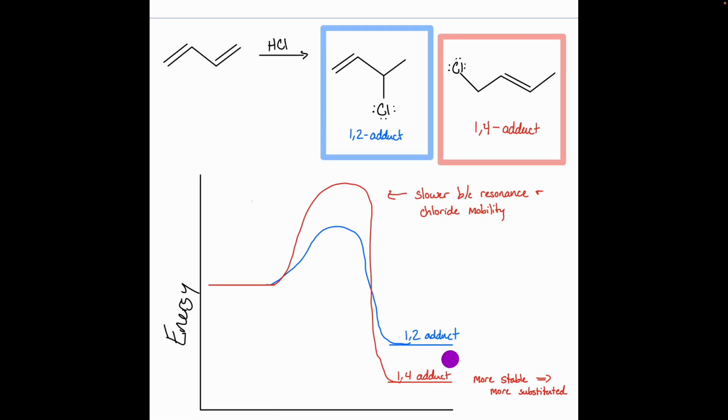I will just note that because we had a symmetric diene here, there was only one possible 1,2 adduct that we could have. If we have an asymmetric diene, we have to be a little bit more careful. Again, it's going to be one of those 1,2s, but either one of our double bonds could react to form a 1,2 adduct. The other thing that's going to influence the height of that activation energy barrier is the stability of that carbocation intermediate.